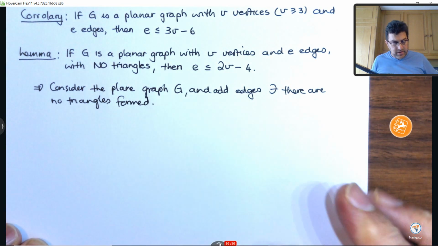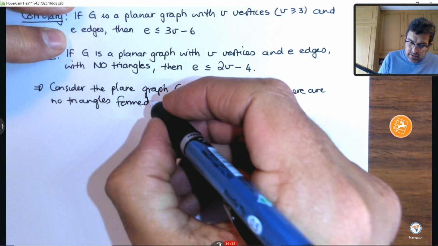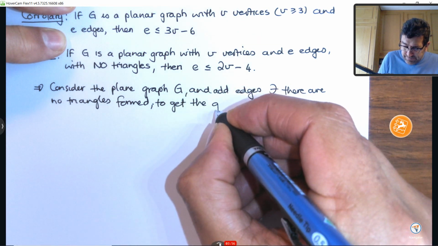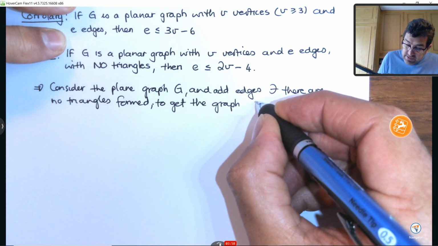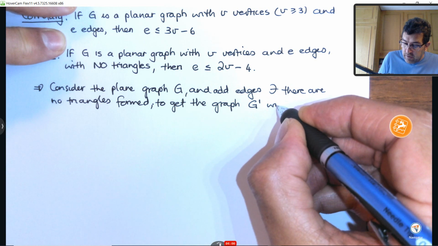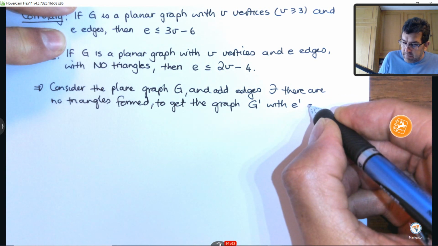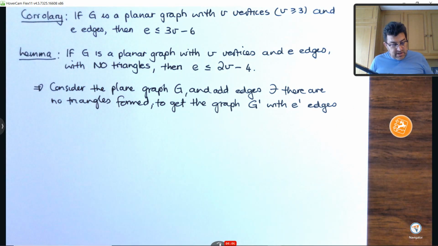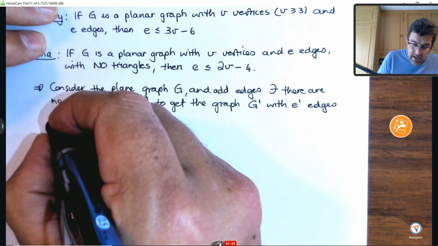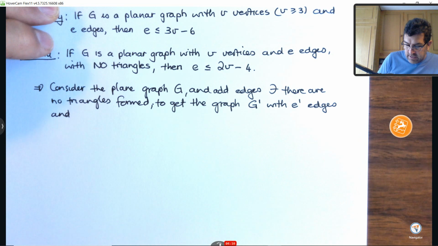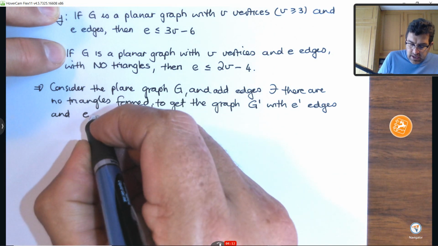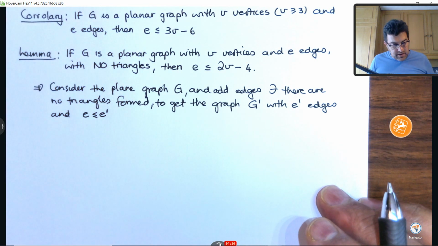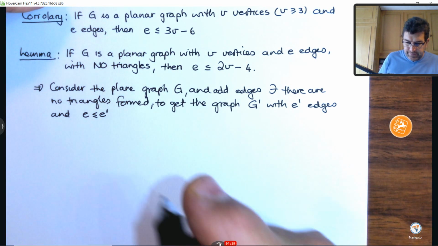Continue this to get the graph, we're still going to call it G prime, with E prime edges. So there's a different number of edges, and obviously the number of initial edges is less than or equal to the number of new edges that we have added to this graph.